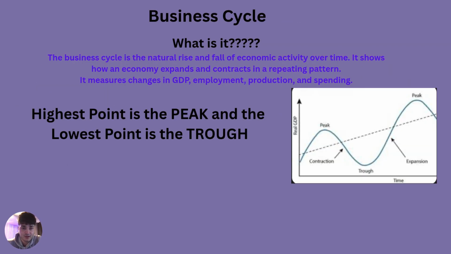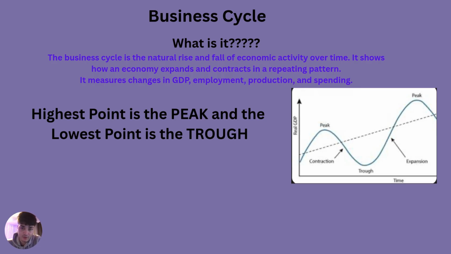And now for the business cycle. What is a business cycle? The business cycle is the natural rise and fall of economic activity over time. It shows how an economy expands and contracts in a repeating pattern. It is measured in GDP, employment, production, and spending. The highest point is the peak, and the lowest point is the trough.